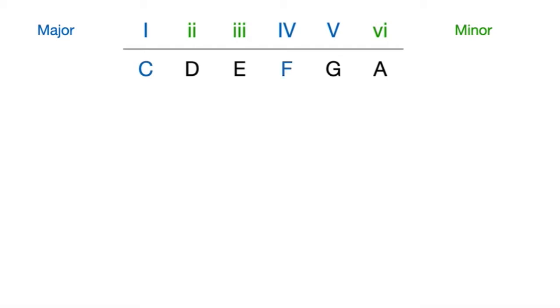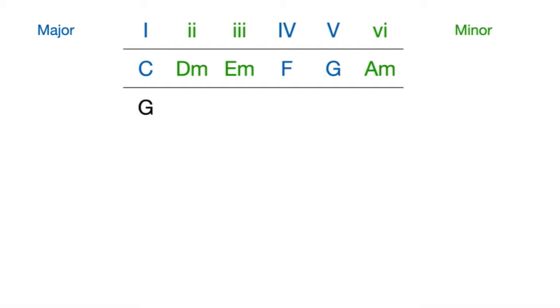The 4 is going to be the F, and the 5 will be the G, and we already know that those are the 3 major chords in the key of C. So the 2 will be minor, D minor, the 3 will be E minor, and the 6 will be A minor. And as you can see, those are all pretty well-known minors in the key of C. We recognise these chords pretty easily.